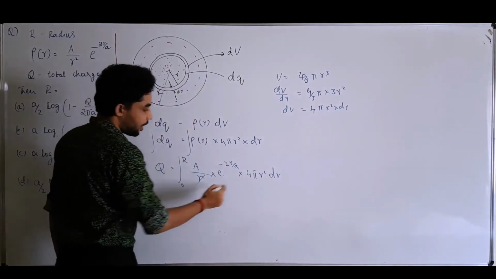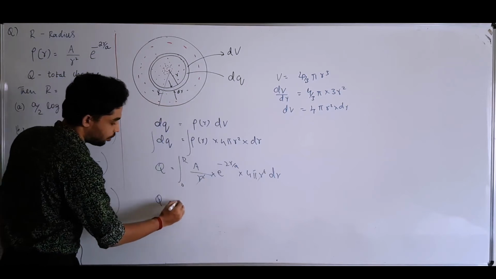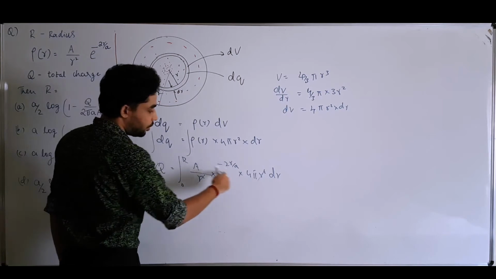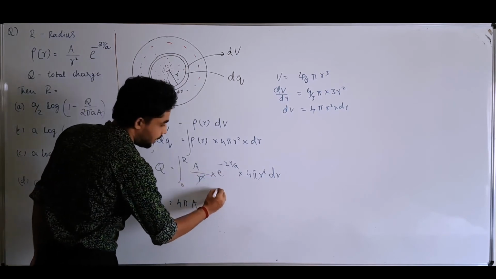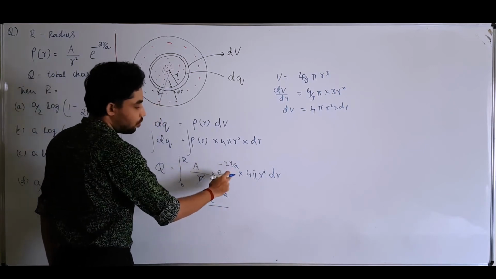So here r square cancels, and 4 pi A I can take out, as those are constants. So Q is equal to 4 pi A, and the integration of this will be e raised to minus 2r by a divided by minus 2 by a.